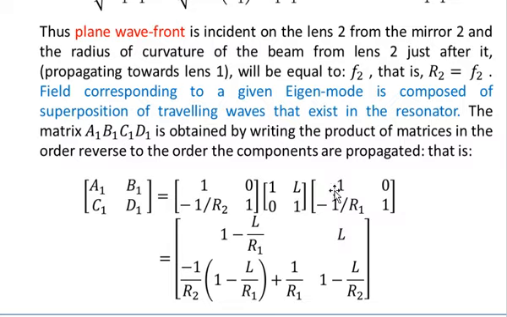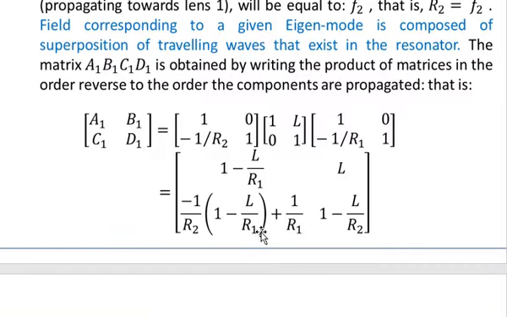So multiplication of all these three matrices will give you the matrix which is shown over here, which is equal to, the first element is 1 minus L over R1, the second element is equal to L, the third element is equal to minus 1 over R2. Within the parentheses, we have 1 minus L over R1 plus 1 over R1, and then the second element of the second row is 1 minus L over R2.